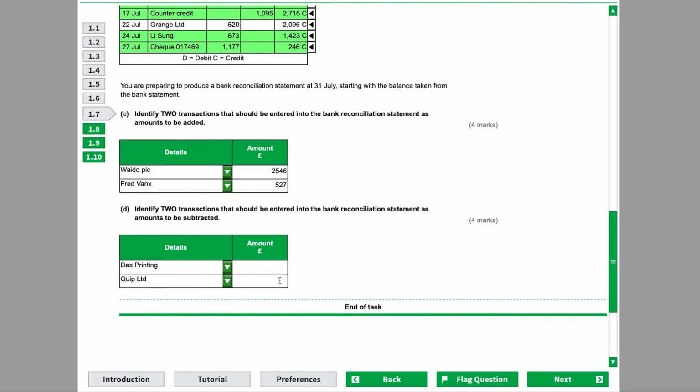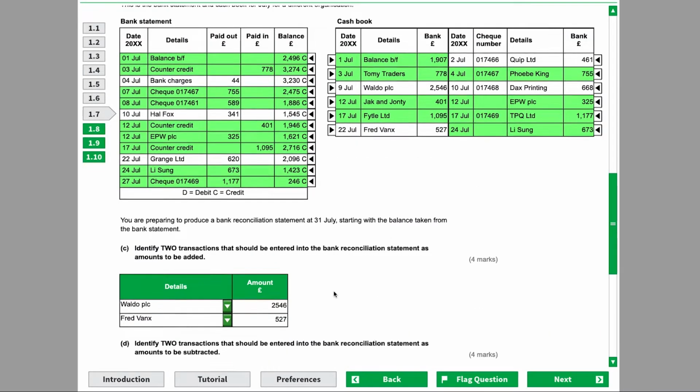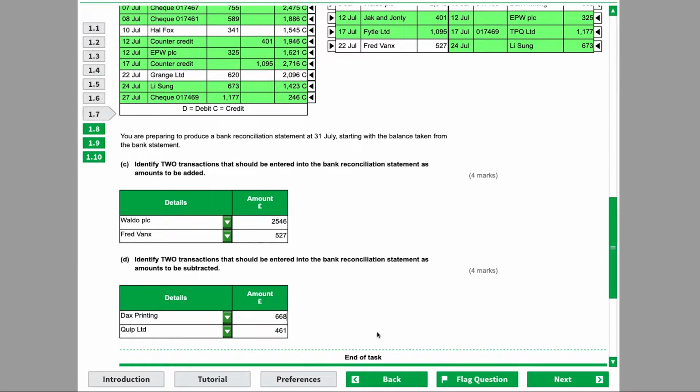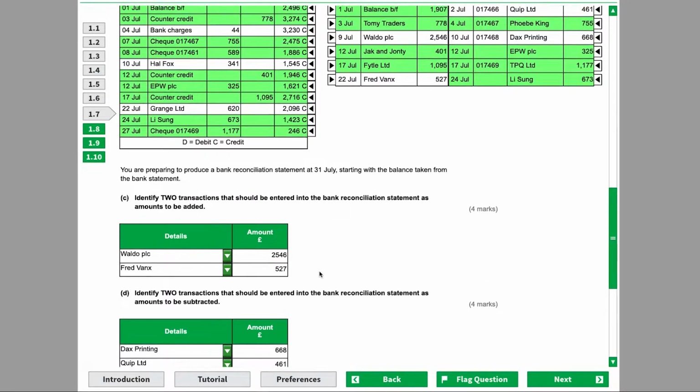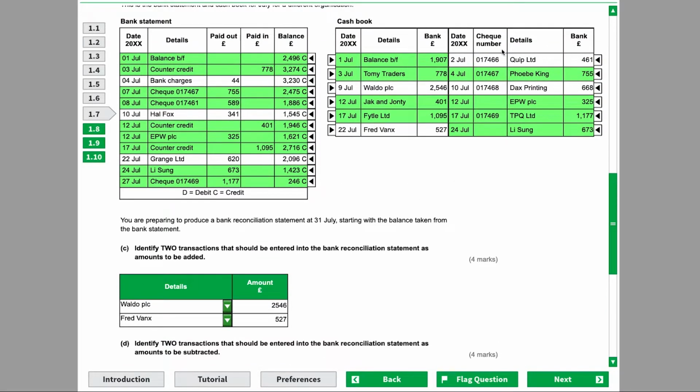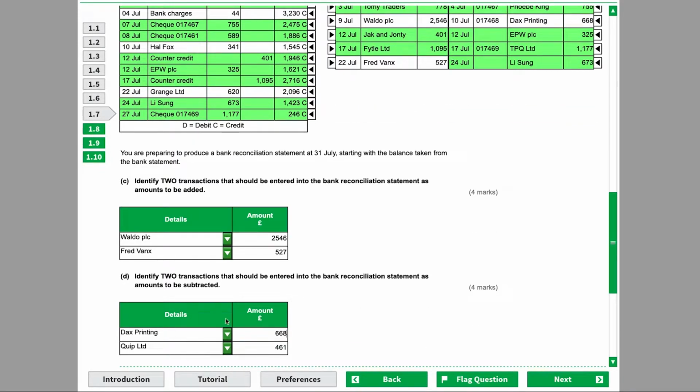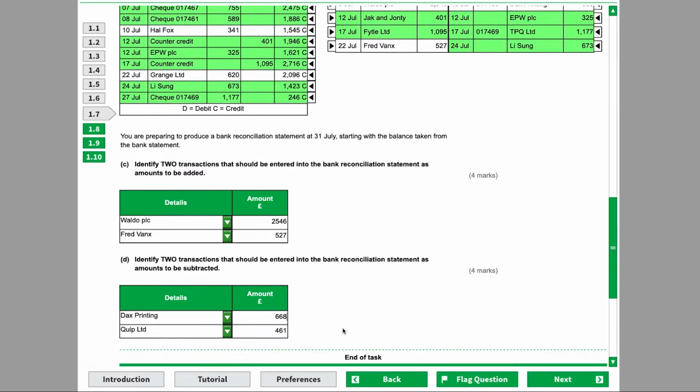So we've got 461 and we have 668. Fantastic. Just to say as well, this is looking for two transactions that will be subtracted. So these would be both subtracted because they are payments from the bank account. So we're going to add on any income items that we did in part C and subtract any payments in part D. And that covers off task 7.